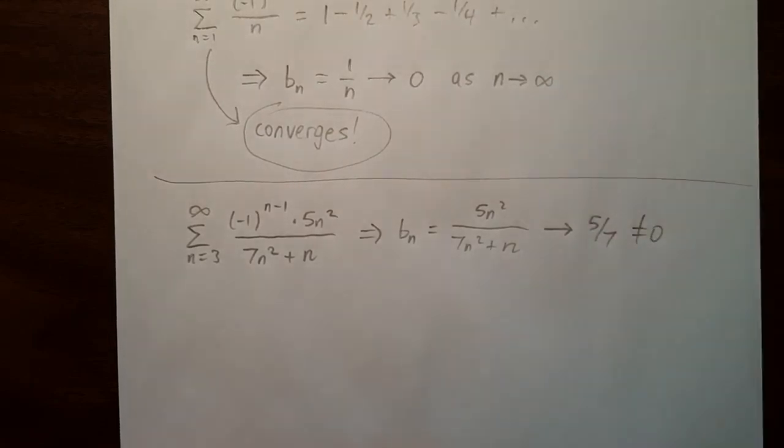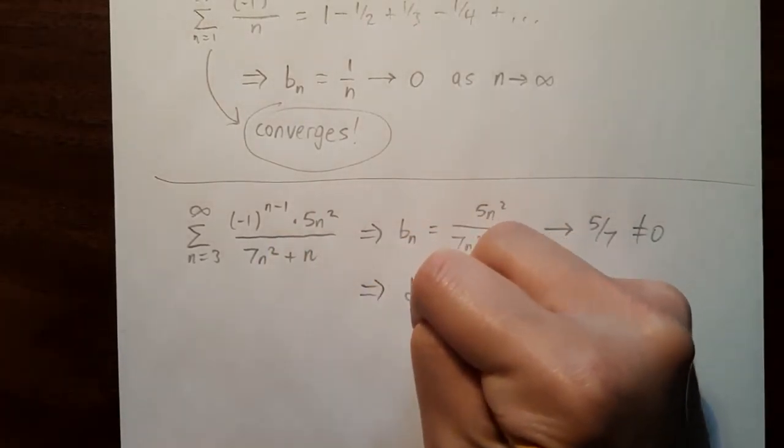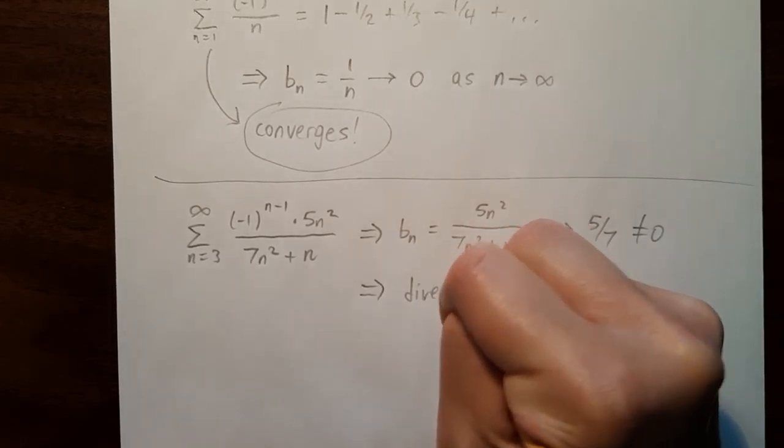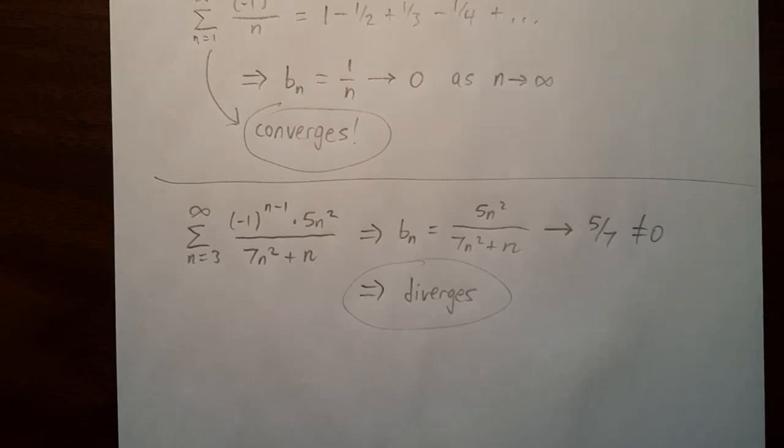And that is certainly not equal to 0. And so in that case, the alternating series test, or really just the plain vanilla old divergence test, tells us that this series has to diverge. If the terms don't go to 0 in the limit, then whether you're alternating or not, you're going to diverge as a series.